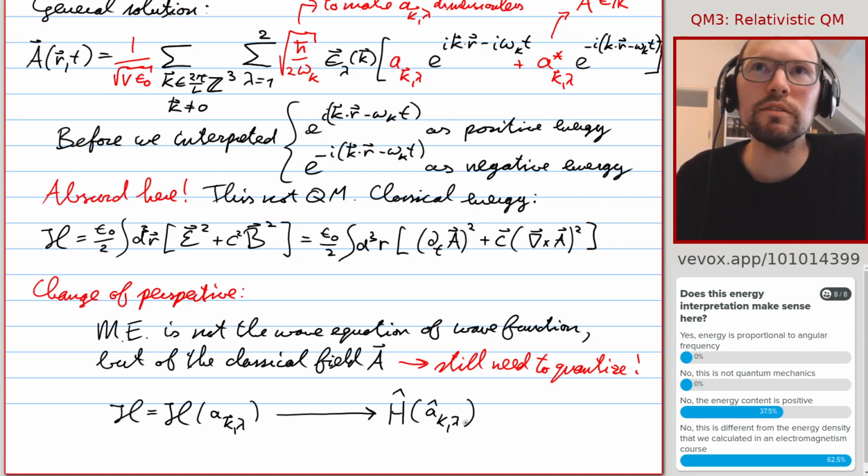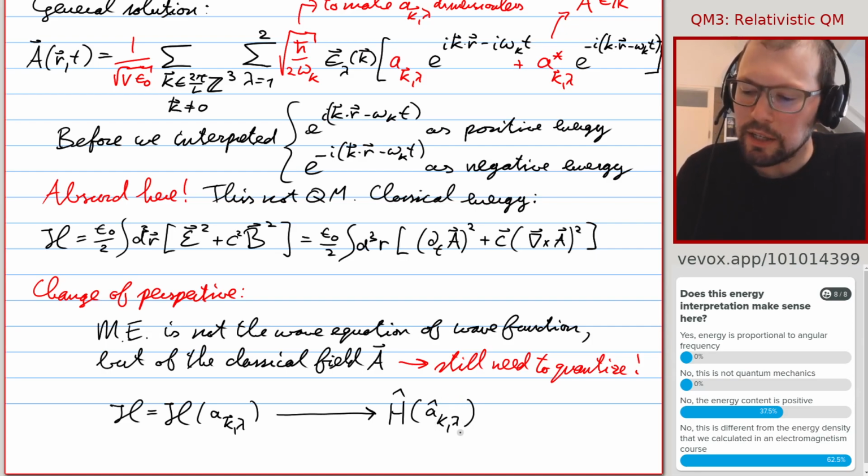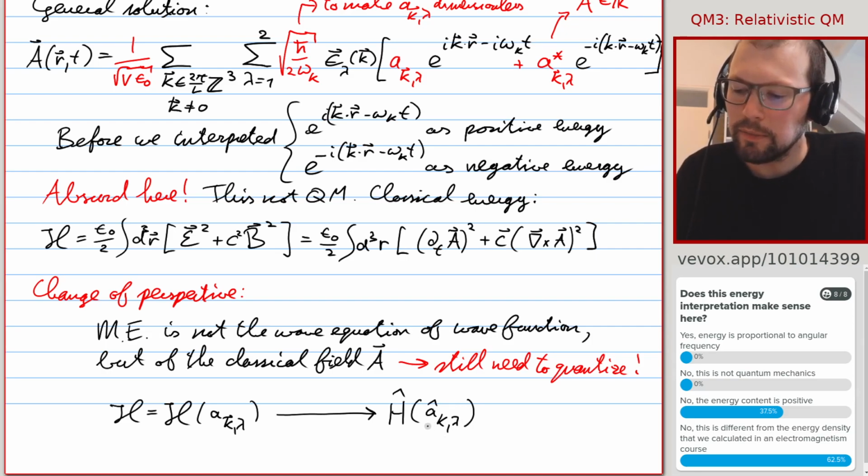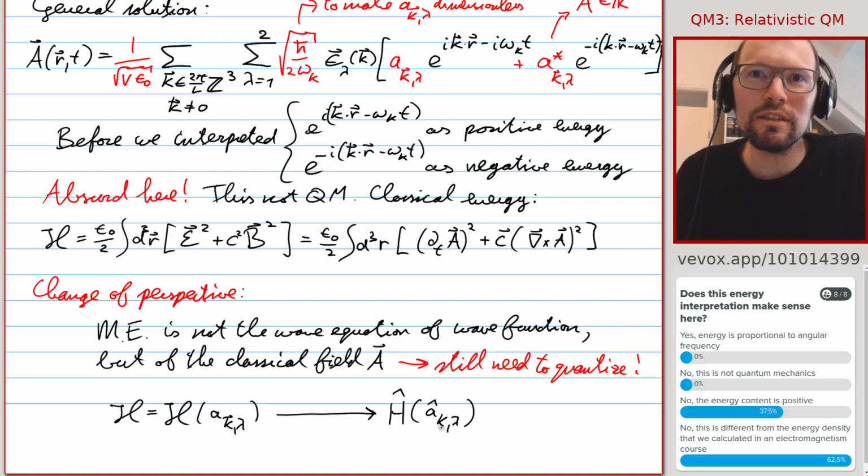And we'll interpret these a_k lambda operators, and the particular notation that we're using here is quite suggestive, I think, given the first half of this course, as creation and annihilation operators in a Fock space representation.